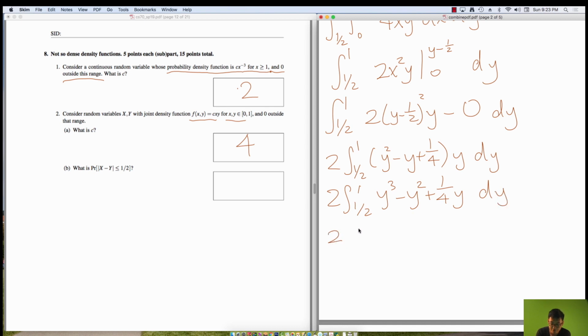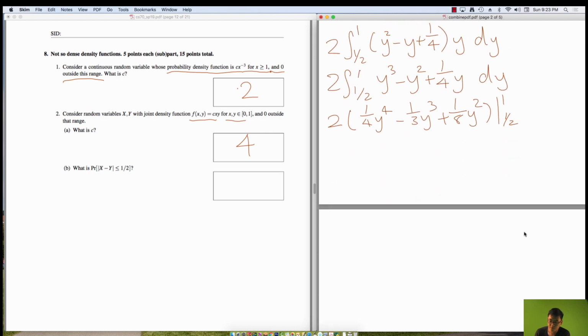And I can take the antiderivative of this, which is 1/4 y to the fourth minus 1/3 y cubed plus 1/8 y squared, and evaluate this at 1 and then a half. So this is just equal to 2 times 1/4 minus a third plus an eighth minus, and if I evaluate y at a half, so 1/4 times a half to the fourth, so it's just 1/4 times 1/16, minus 1/3 times y cubed, so if I evaluate it at a half, it's 1/3 times a half cubed, which is 1/8.